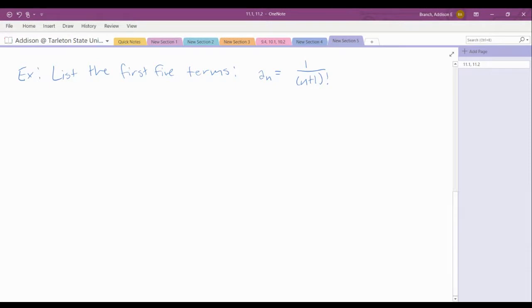For those of y'all who are not familiar with factorials, essentially you take your number and multiply it by each integer below it. So n factorial is equal to n times n minus 1 times n minus 2 times n minus 3, and so on until you get all the way down to 1.